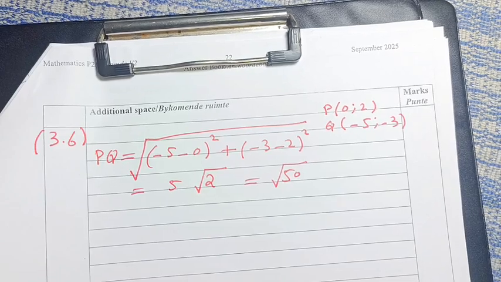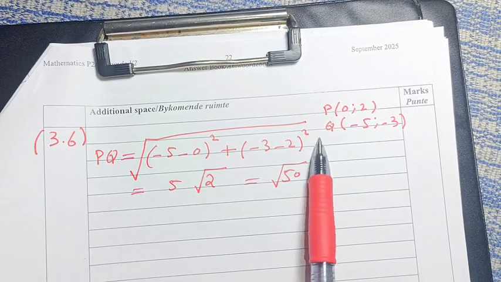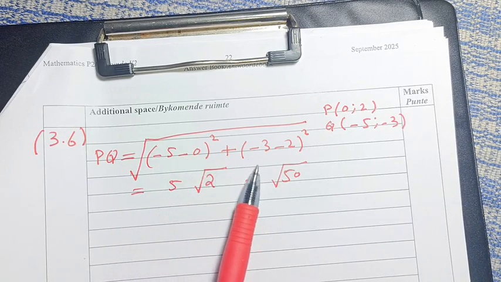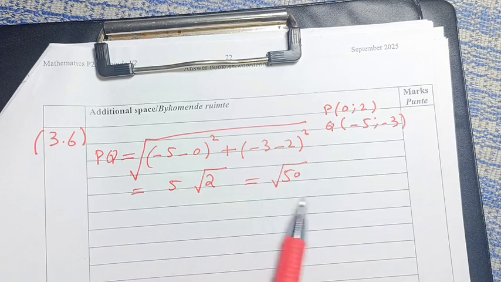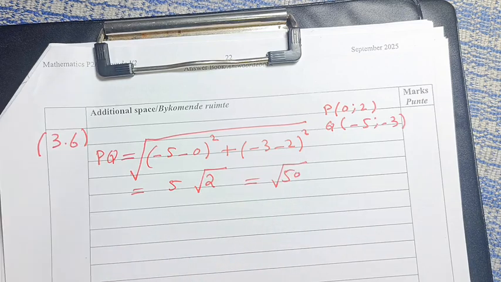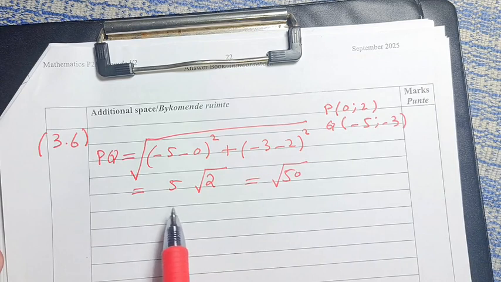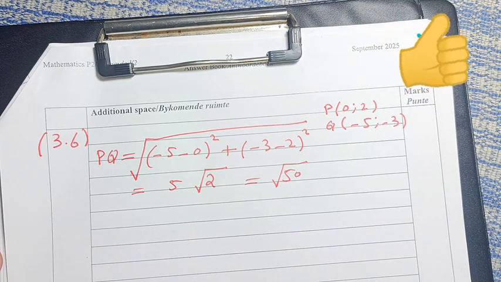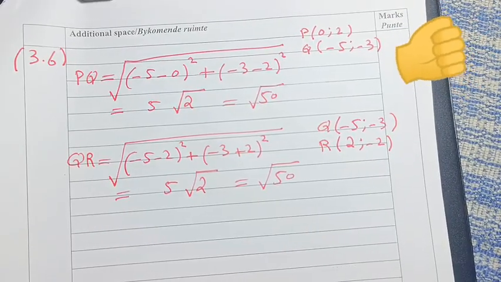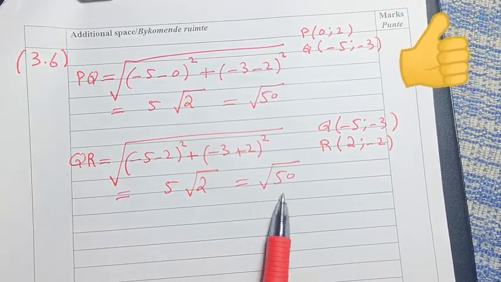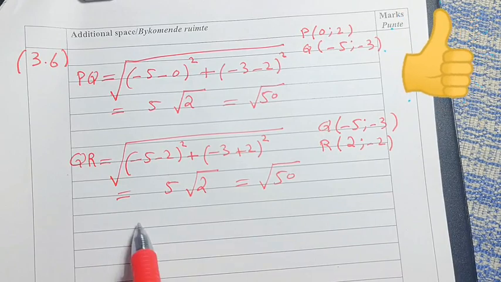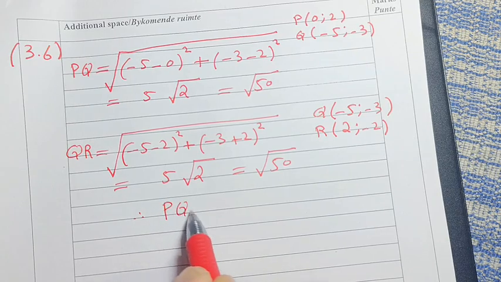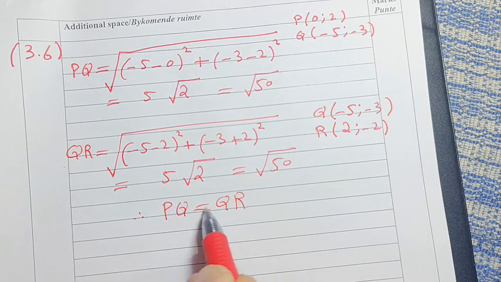So I apply the distance formula here, PQ. These are the coordinates of P and Q. x2 minus x1 squared plus y2 minus y1 squared, and after applying the distance formula, this is my answer. Now I'm going to take the distance QR. The distance between QR is the same. Therefore PQ is equal to QR.